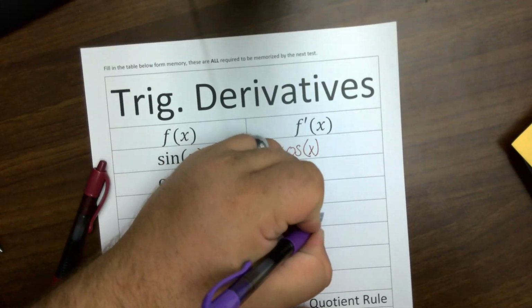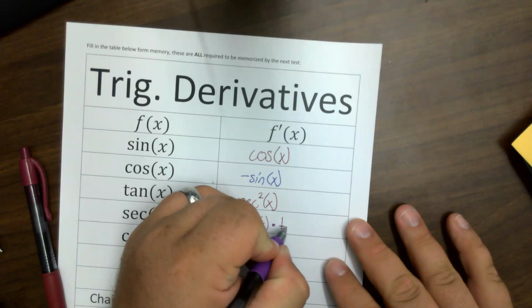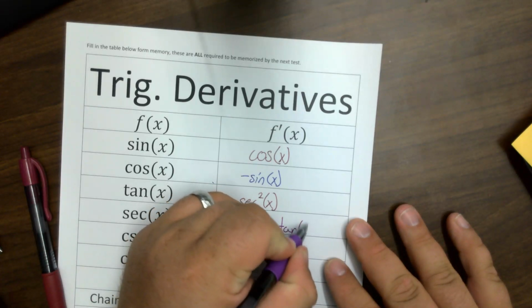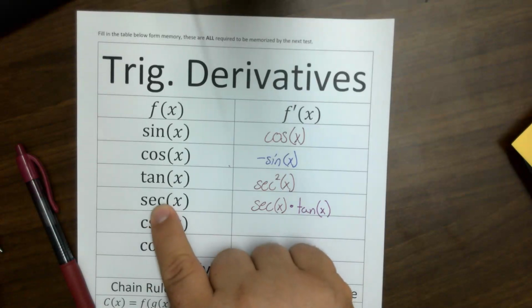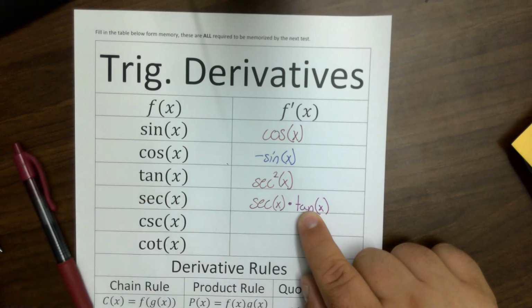That's goofballs. Did I do that right? Yep, secant times tangent. Very goofy. Look at that. Derivative of this is itself times tangent.